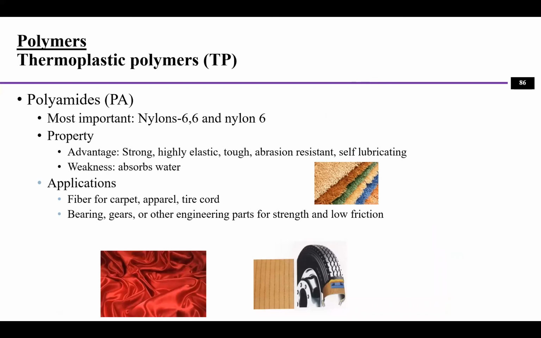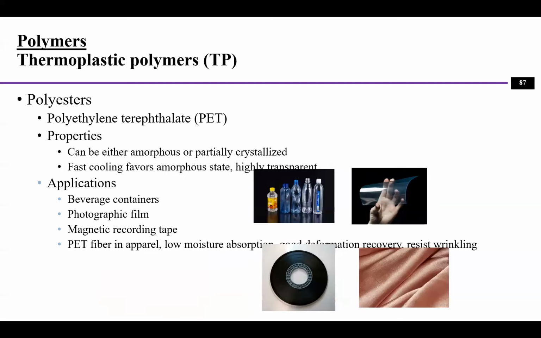And polyamides are used a lot in textiles, carpets, and apparel as well. The common material will be the nylons. And polyesters, PET, and the most time we hear of it is probably from the bottles, right?